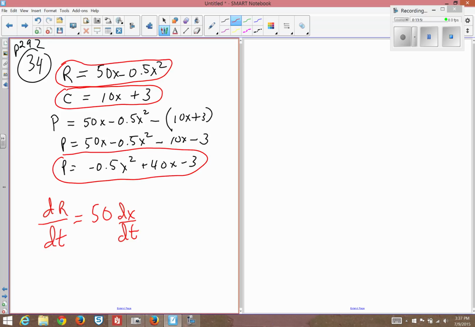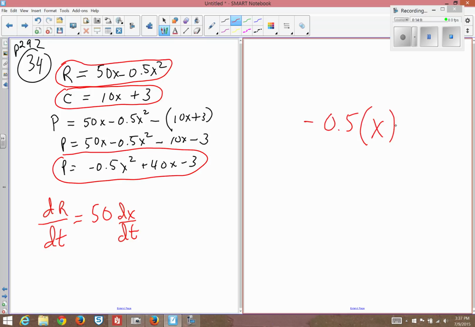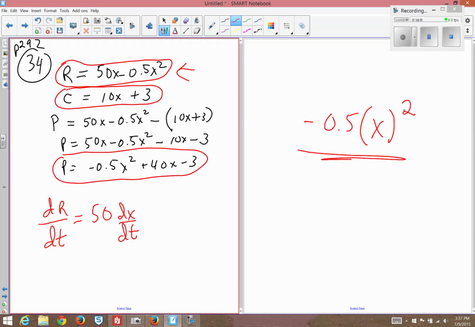So the next term up here, and then rewrite it over here, is negative 0.5 times x to the second. The derivative of that second term up there is this number 2 times this number, negative 0.5, that's negative 1, times x to the first power, times the derivative of what's in the parentheses with respect to time.